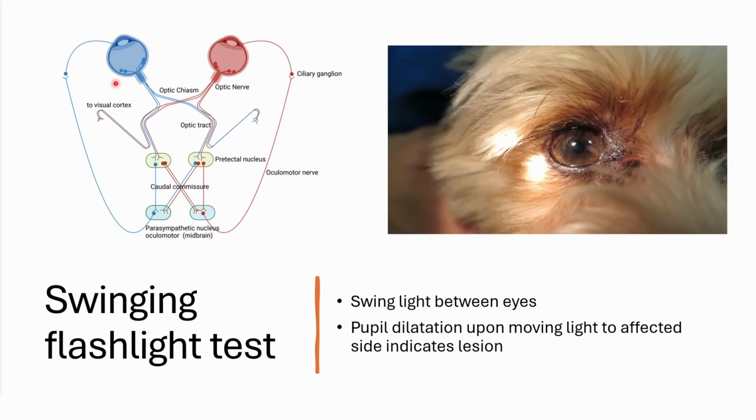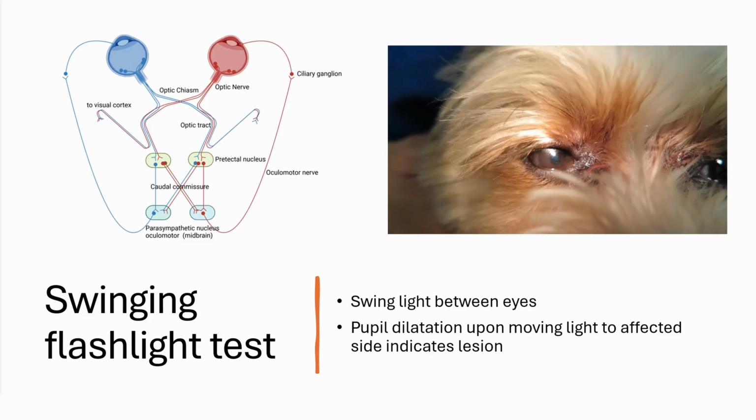However, if there is a lesion right at the level of the optic nerve, then when I've shone a light into this eye, I get that consensual response, as it's called. But when I shine a light into this eye, that information from the light is not being transmitted down that optic nerve, and so this eye will actually dilate, as we will see in this video.